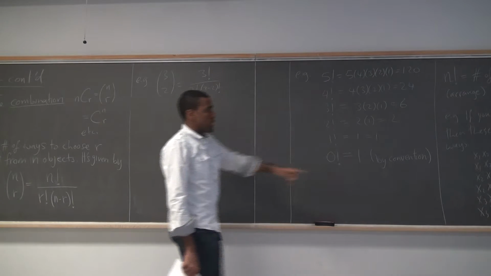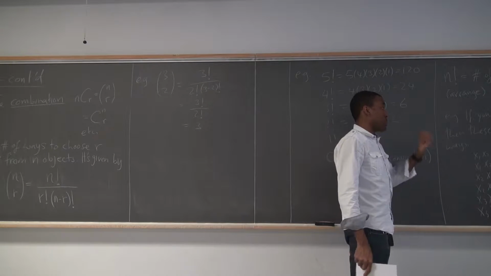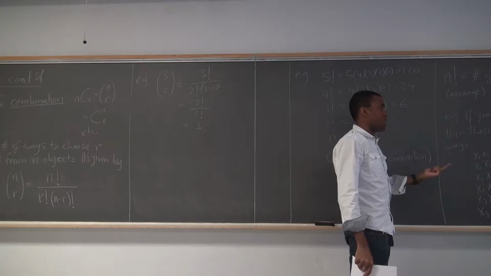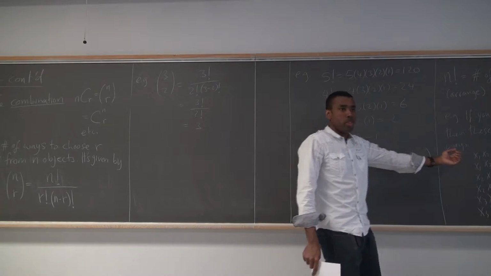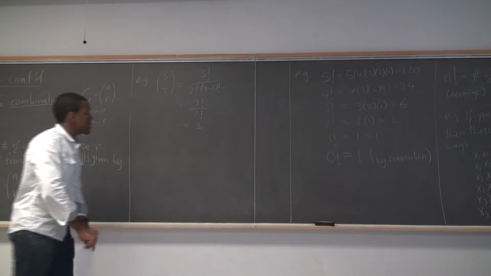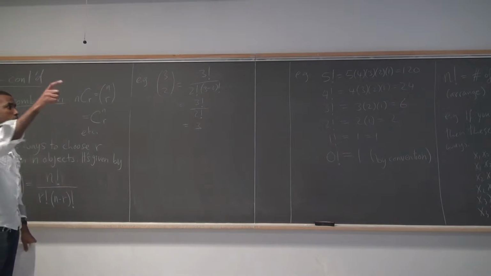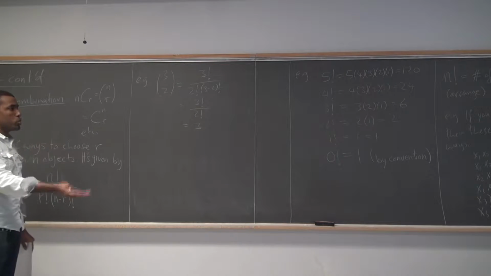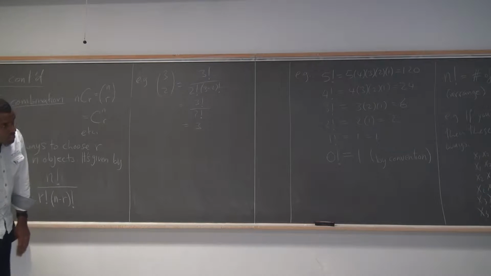So if I have 3 objects and I want to pick 2 of them, how many can I pick? I can pick object 1 and 2, or I can pick 1 and 3, or I can pick 2 and 3. Right? There are 3 ways to choose 2 things from 3 things. Right? So that's an efficient way to count a choice of a subset from a general set. How many ways can you choose a subset of size R from a set of size N?